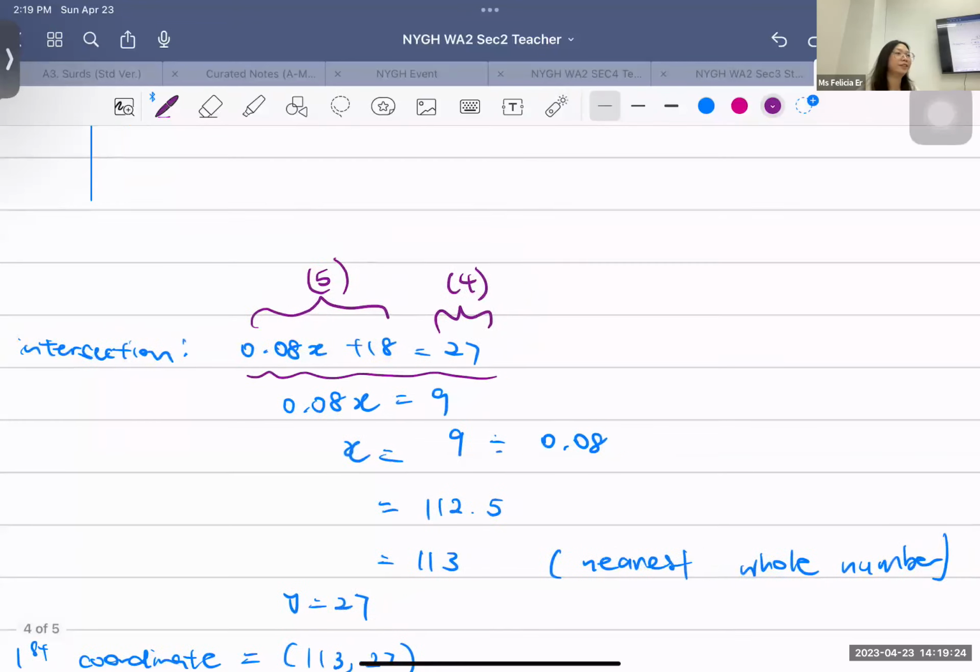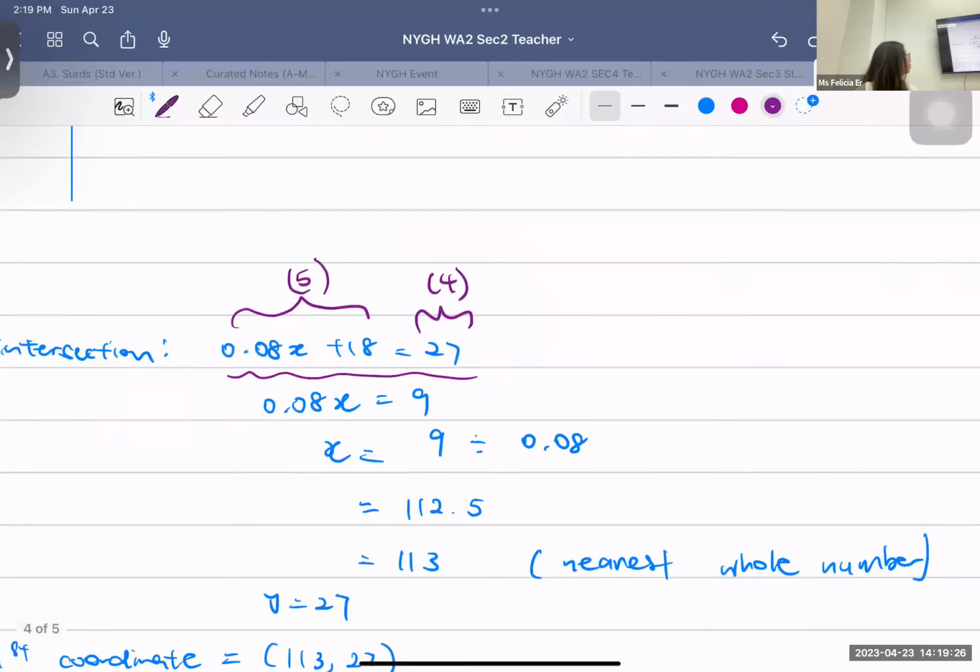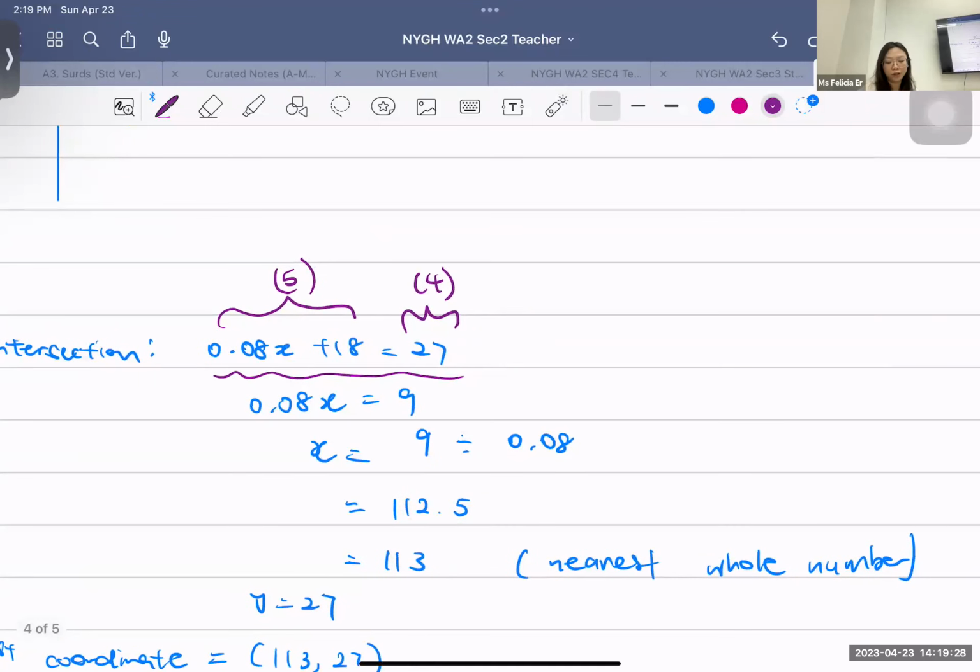But take note, there's something here that you have to take note. Even though the question asks you to leave your answer in nearest whole number, for every intermediate working, what do I mean by intermediate working? It means so long as it's not your final answer, do not leave it in whole number if there's a higher accuracy. Why?